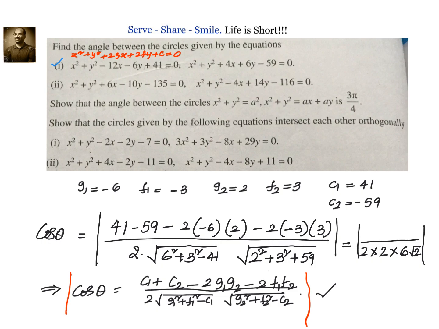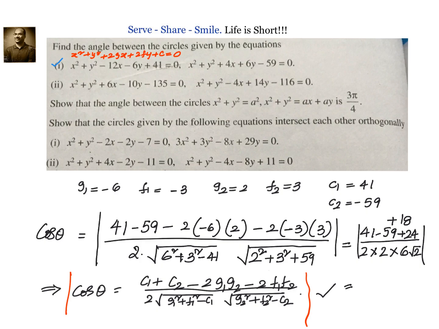Let's go to the numerator. What you have in numerator is 41 minus 59, then we have plus 24, then we have plus 18. So let us simplify that.